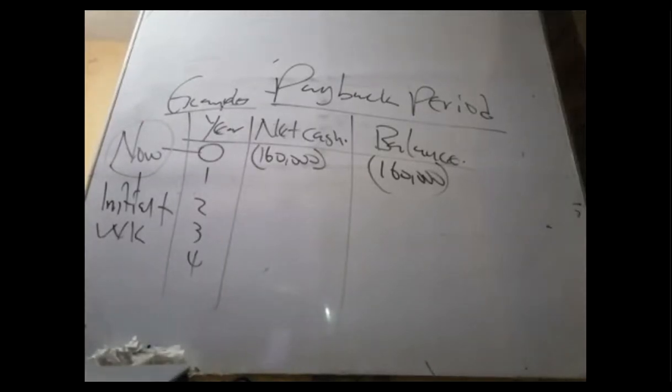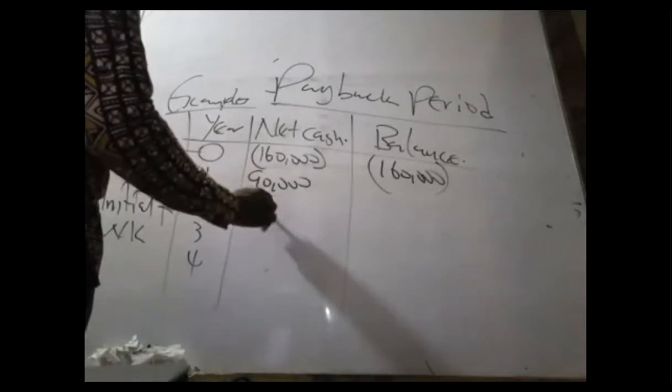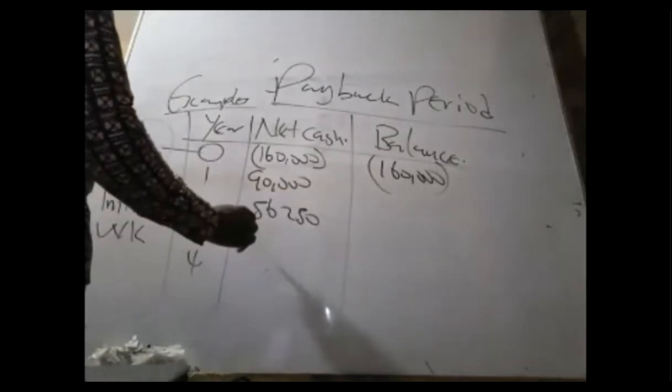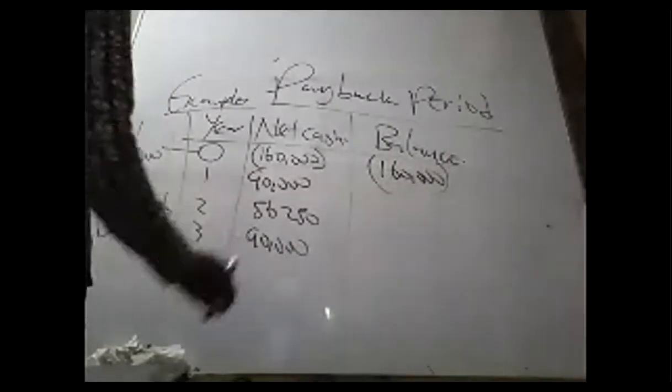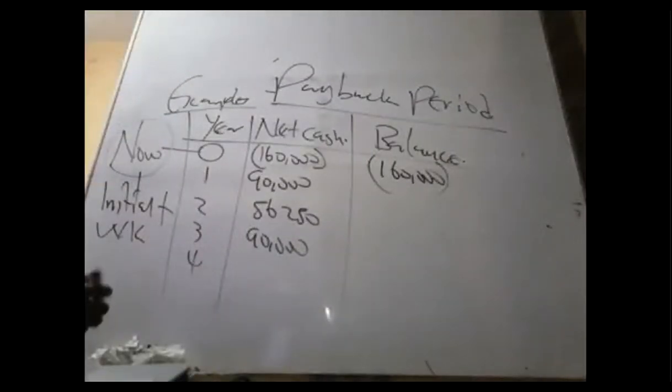They are 90, 56,250, and 90 again. Yes. Now the last year is 25,000. Take note. Last year, kindly make sure that you add the following.